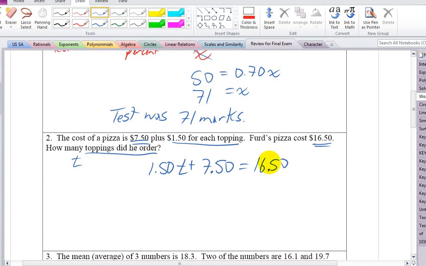So now you're working backwards to solve for T. Go. Use your calculator.